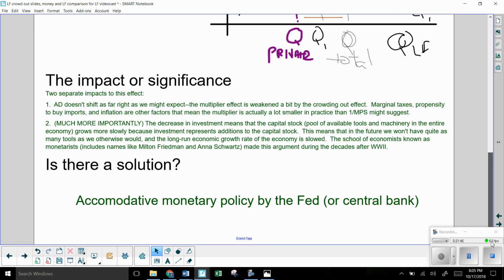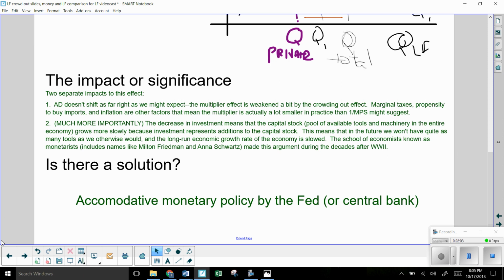And if they were to do that, then we would say that they had accommodated the expansionary fiscal policy and made sure that there were enough funds for businesses and households to borrow as many as they otherwise would have wanted.